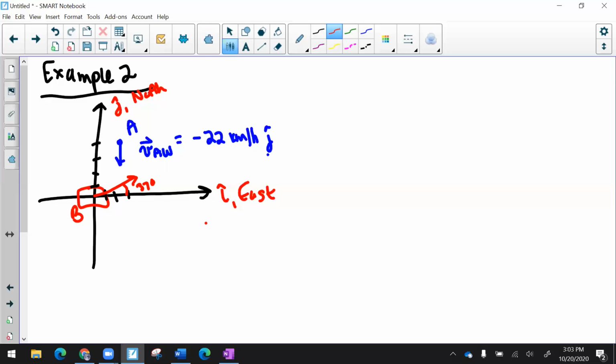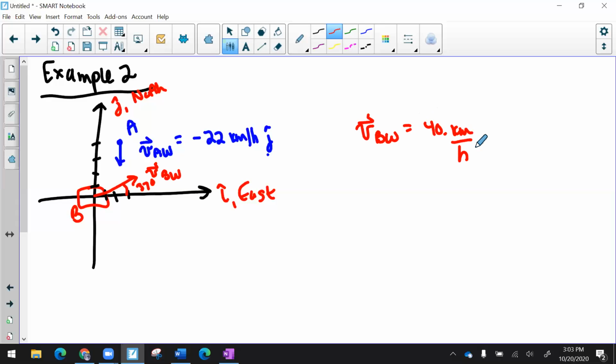And we'll call that VB water. And then VB water, it's not along any of my axes, right? So what do I need to do? I need to find the components. Okay. So I know it's 40 kilometers per hour.